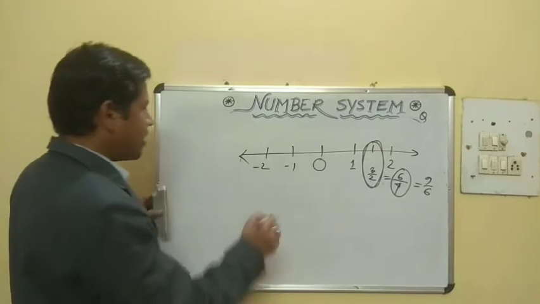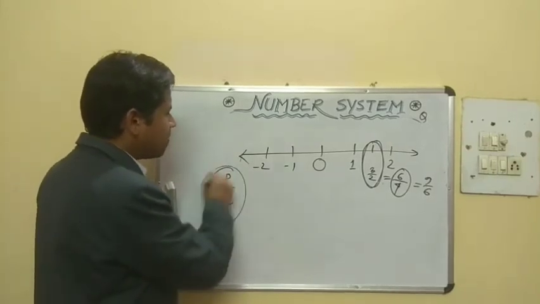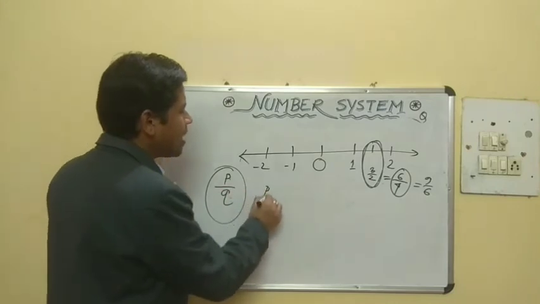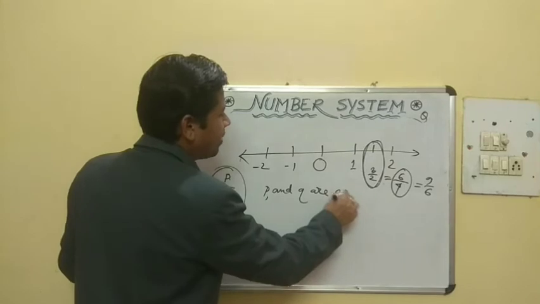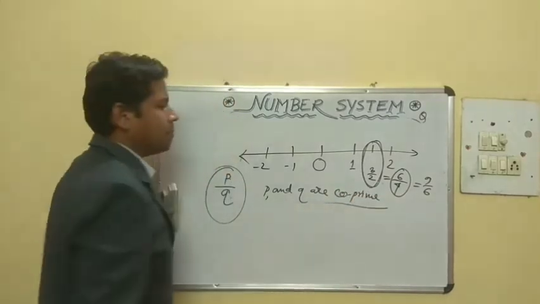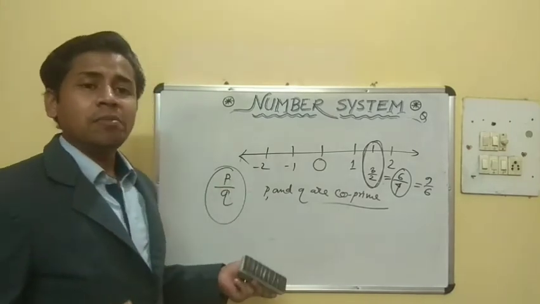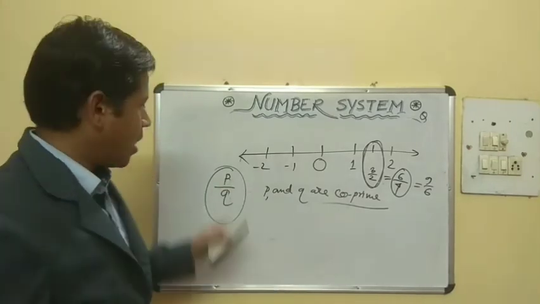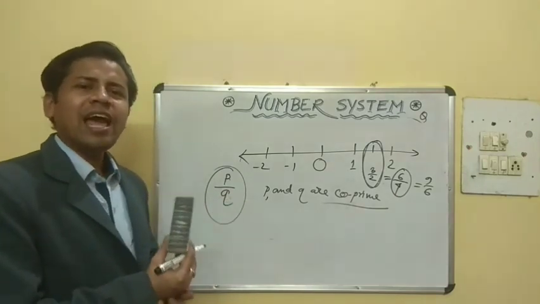That means we can easily say that P and Q are co-prime. Co-prime numbers are numbers having only 1 as the common factor. There is no common factor except 1.